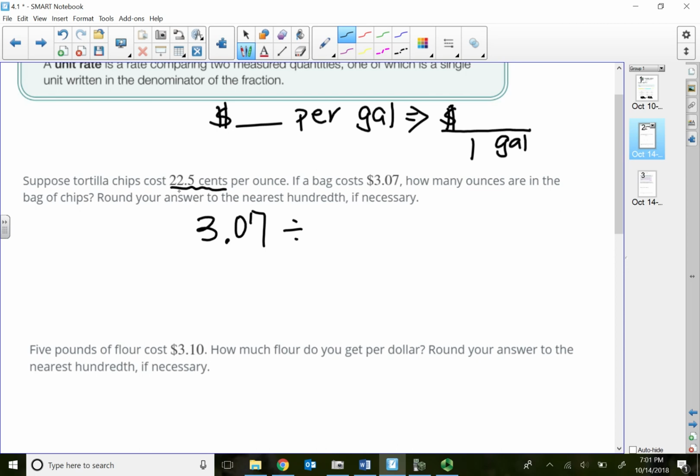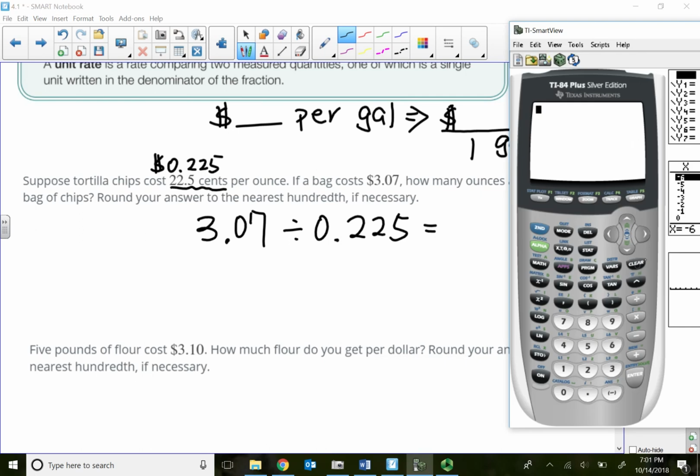But this number is measured in cents, while $3.07 is measured in dollars. So if I change 22.5 cents to a dollar amount, that will be $0.225. That's what I divide by. That will tell me exactly the total number of ounces inside. $3.07 divided by 0.225, rounded to the nearest hundredth, is about 13.64 ounces total.